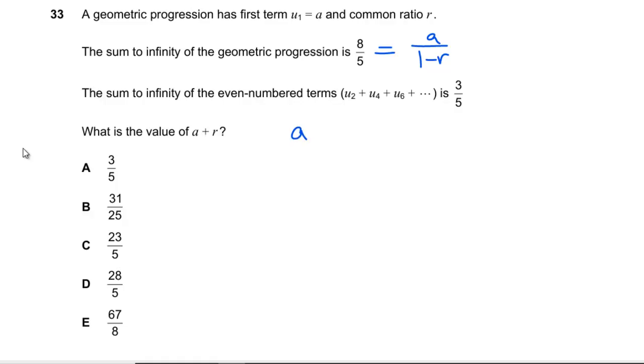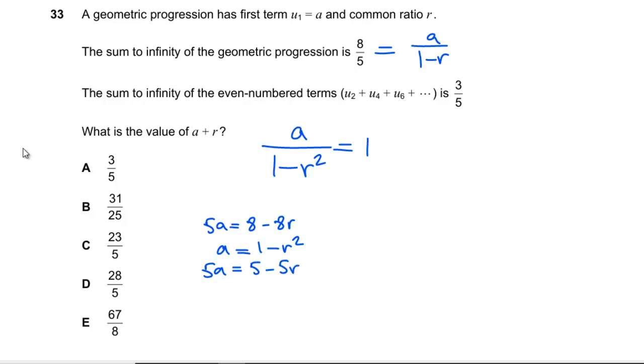So if I started from A and then went 1 over 1 minus r squared at the bottom, that would have to be equal to 1. So I've got that 5a is equal to 8 minus 8r, and that a is equal to 1 minus r squared. So 5a is equal to 5 minus 5r squared, which is equal to 8 minus 8r.